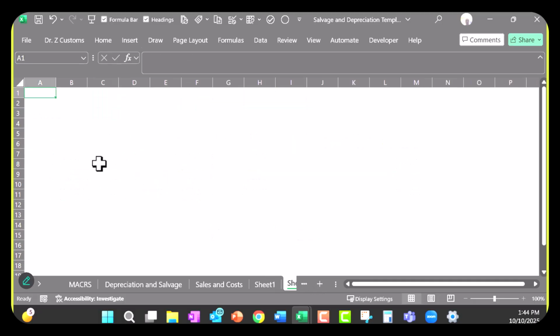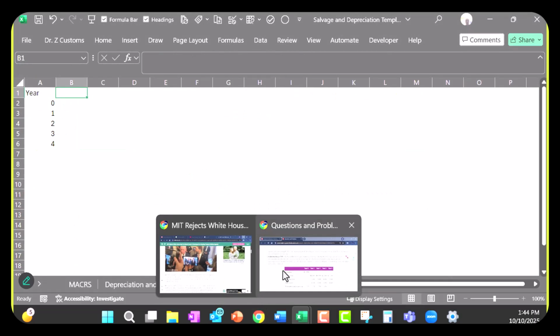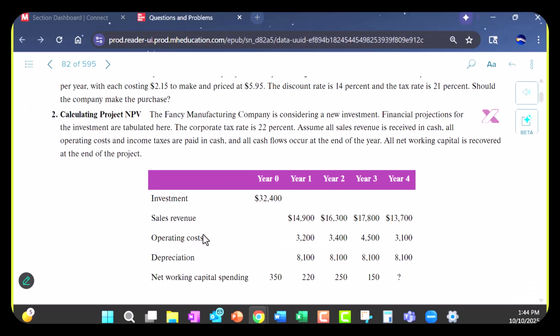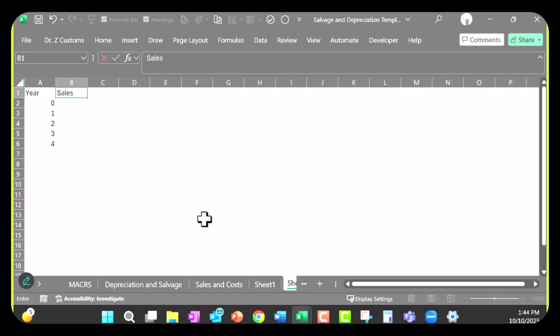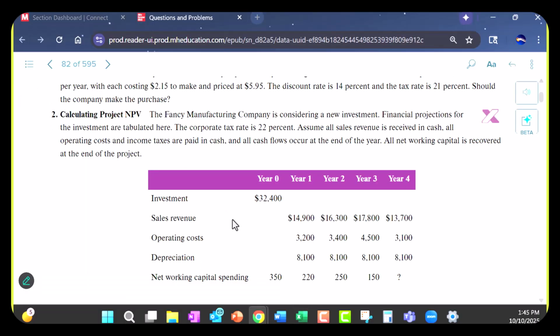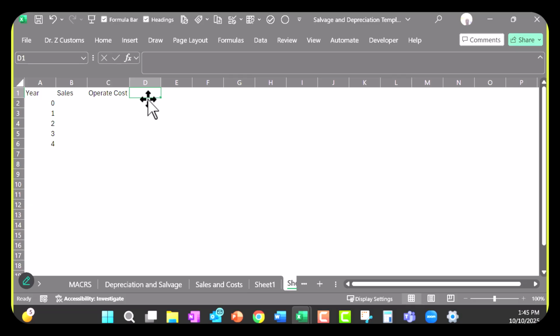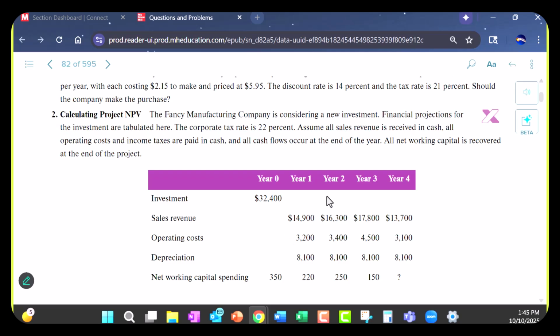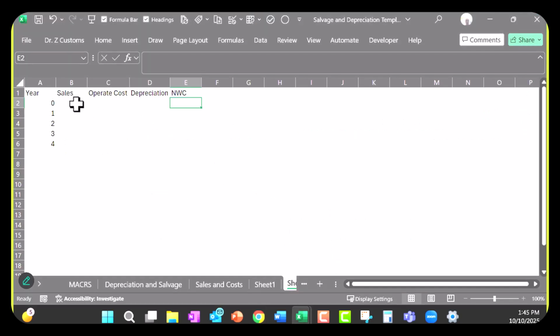Another sheet. Enter our data. I got sales. Depreciation. All right.